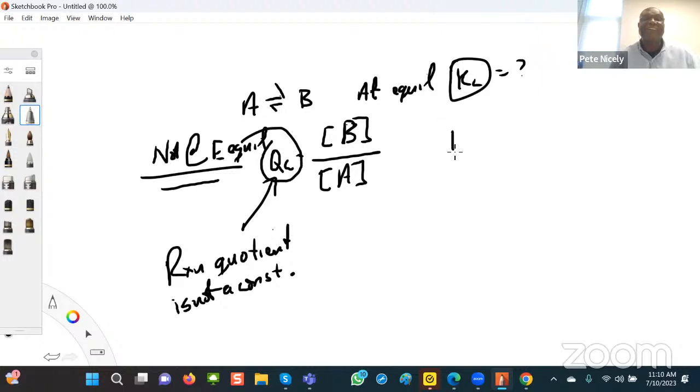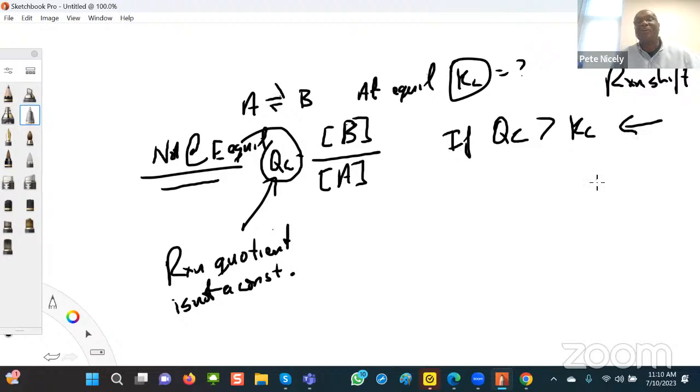If Qc is greater than Kc, then the reaction shift will be towards the reactants, exactly, to the left. The reactants are on the left, the products are on the right. So if Qc is greater than Kc, the reaction shift will be towards the left, which would be towards reactants.